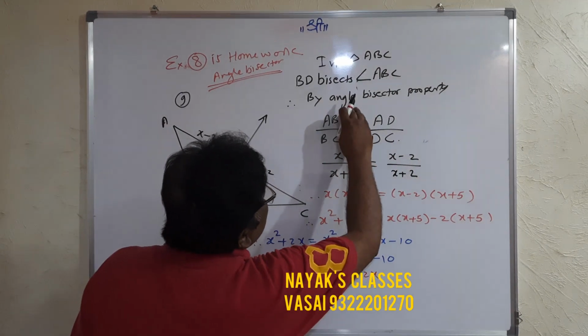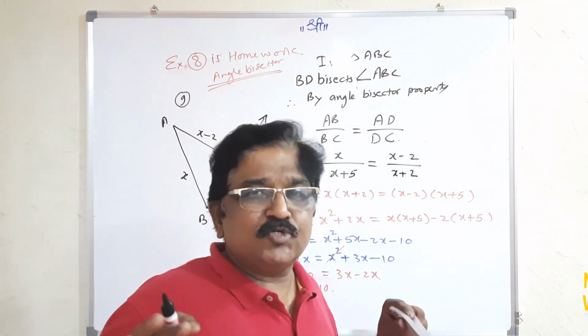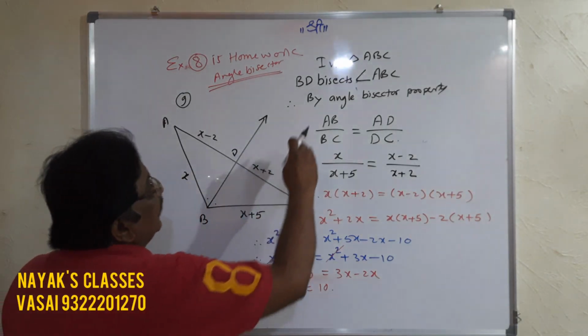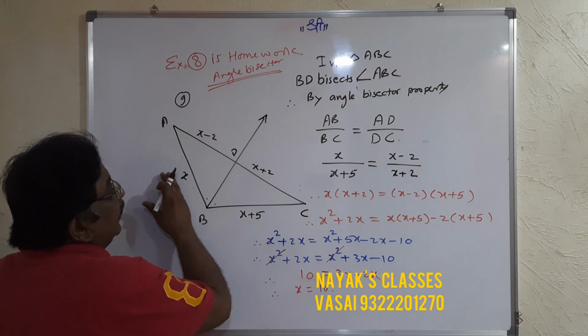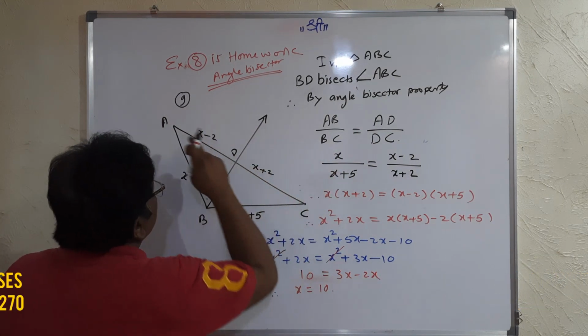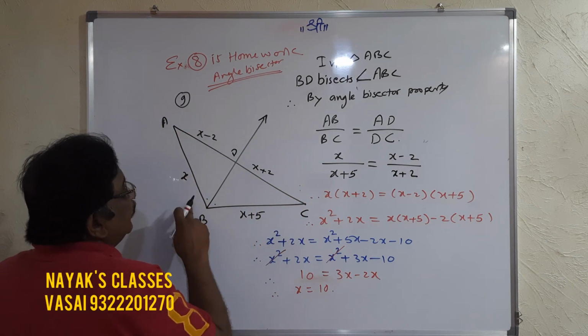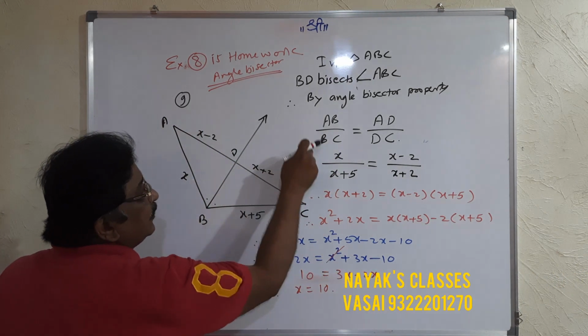Whenever the words angle bisector come, by the angle bisector property, we have to take the ratio. So, by the angle bisector property, AB upon the front side AD, AB upon the adjacent side DC.